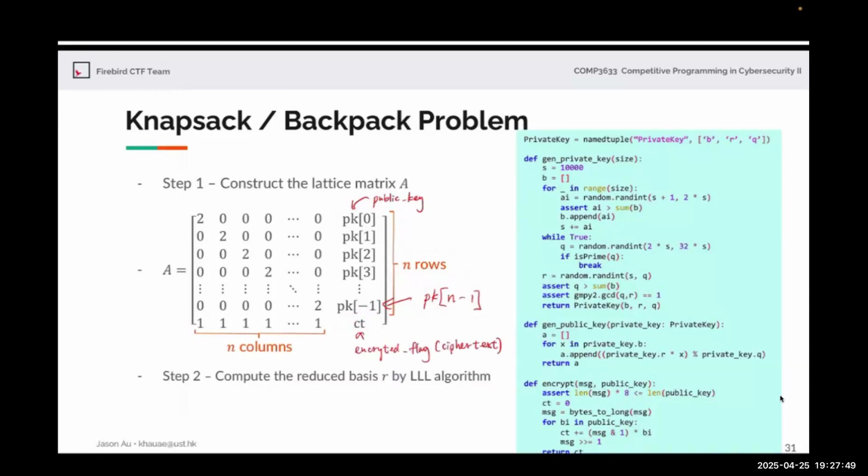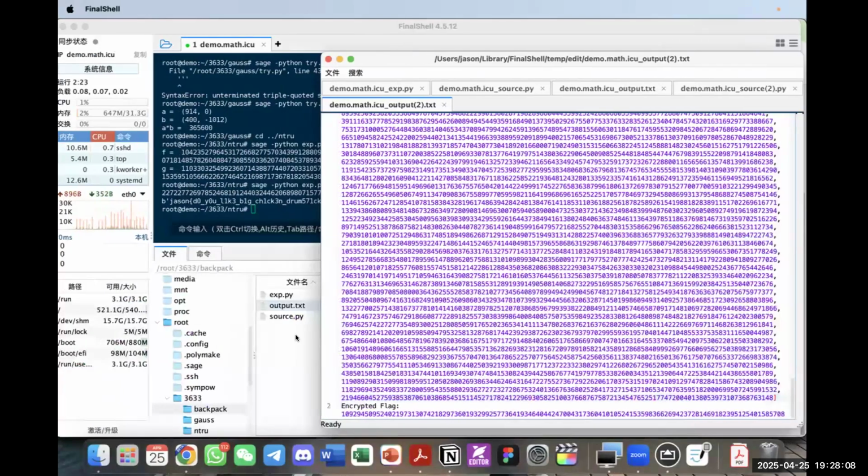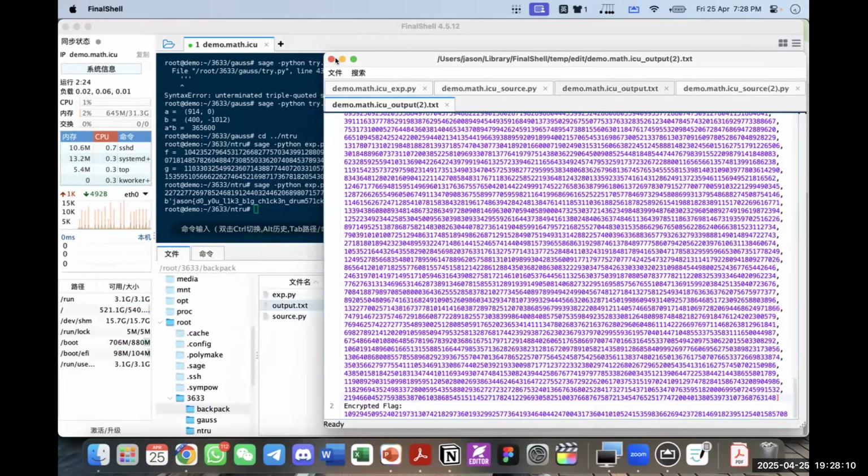Okay, so we have this matrix, and of course we can perform an algorithm on this matrix, but what's next? This also includes some math behind it. Maybe we can just perform the LLL first.